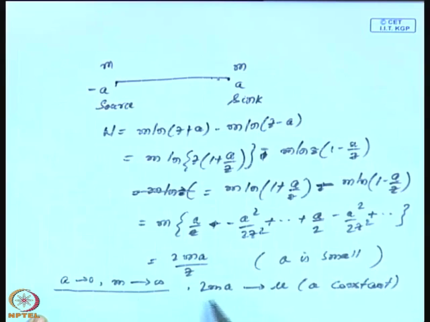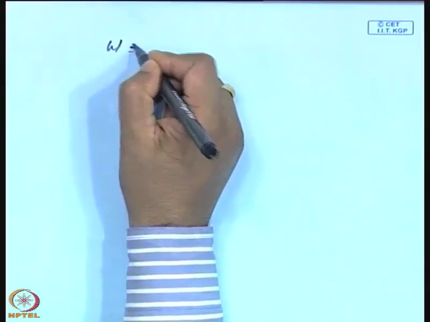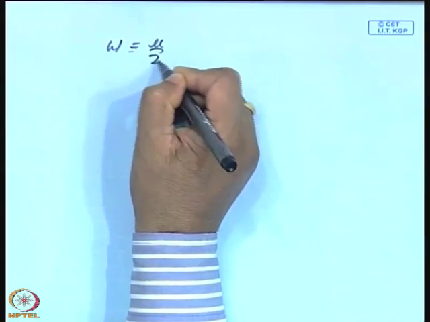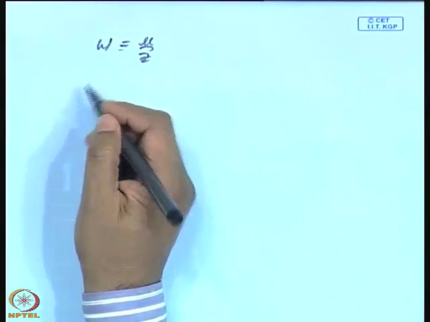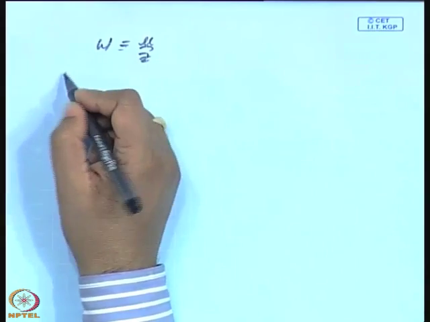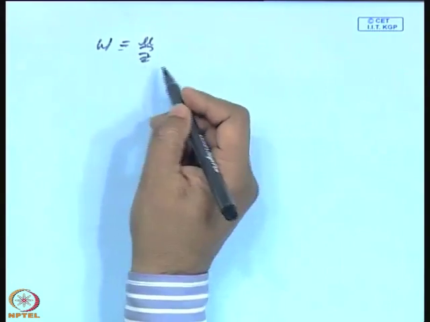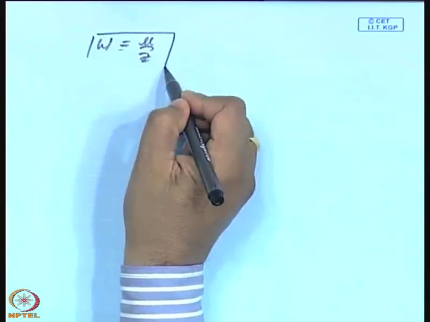So, in such a manner that 2 m A will be a constant, then my W will be mu by z, and this is called a doublet.